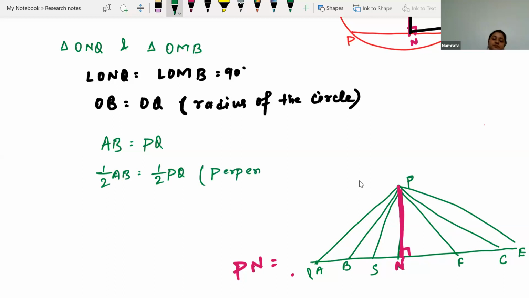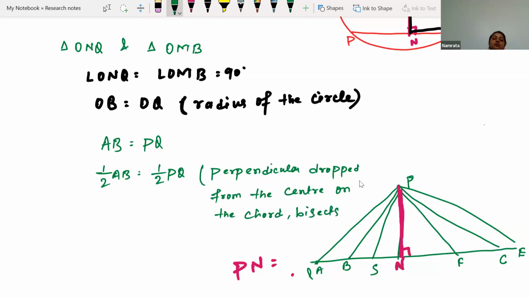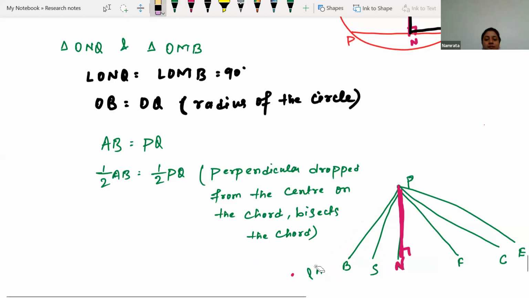Perpendicular dropped from the center on the chord bisects the chord. Do you know this theorem? Everyone, please let me know whether you know it or not. Yes, ma'am. So you already know this theorem.